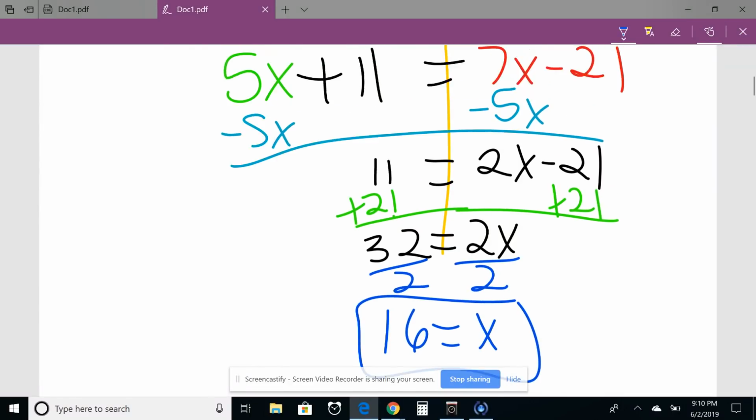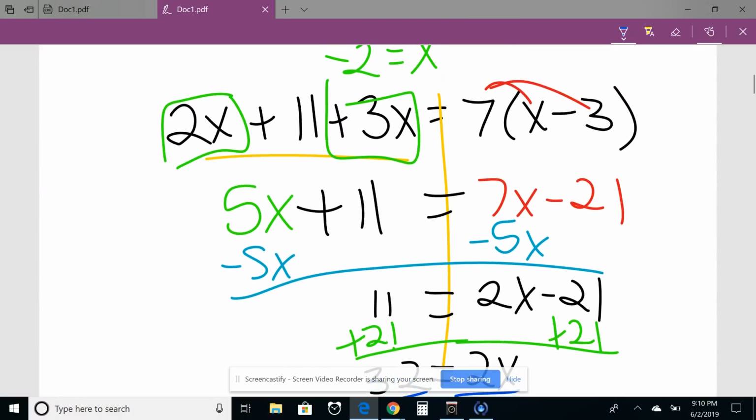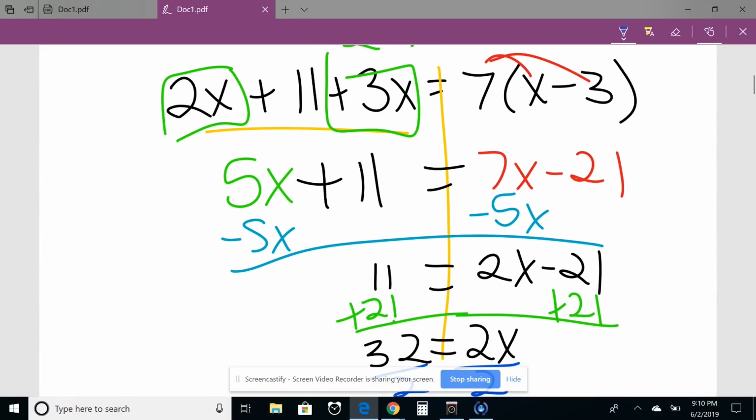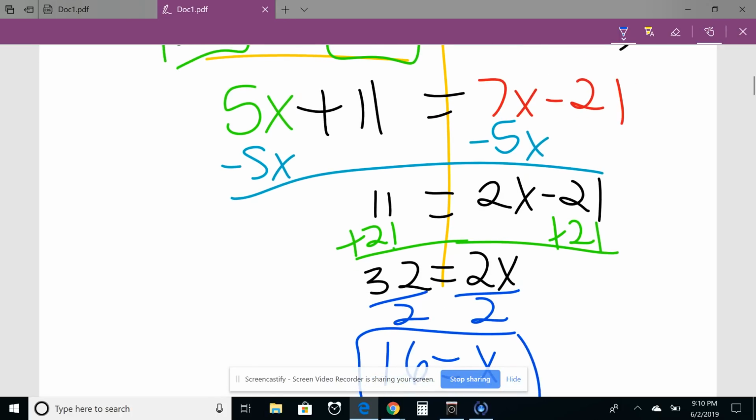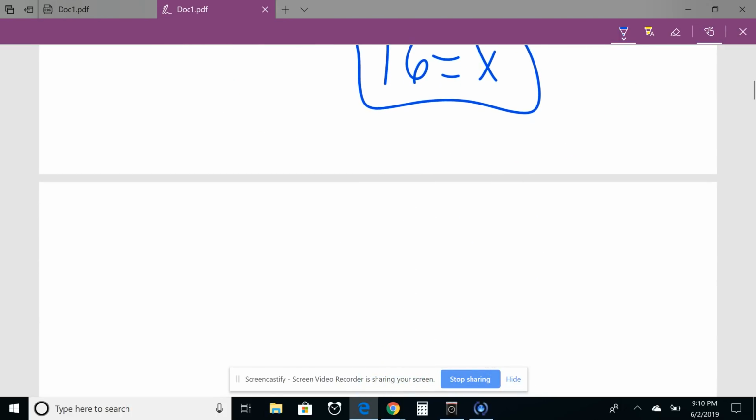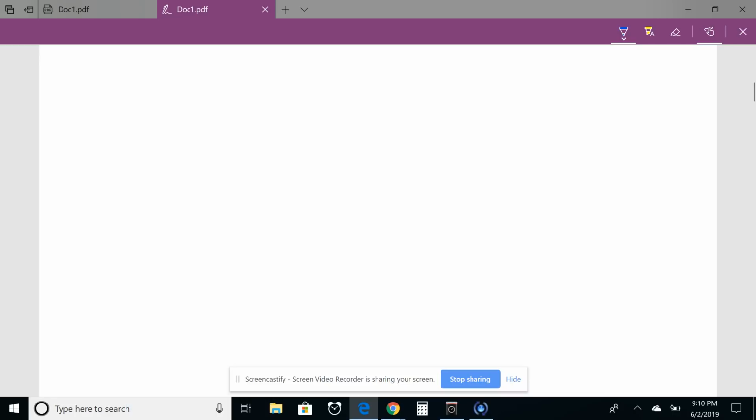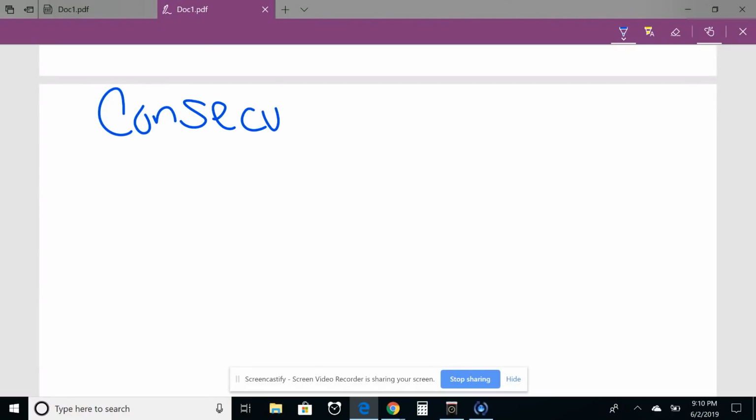So again, with the more complex equations, make sure you combine like terms first or distribute before you start doing any inverse operations. Some reminders on maybe some word problems you might see when you're dealing with consecutive integers and you're setting up consecutive integer word problems.